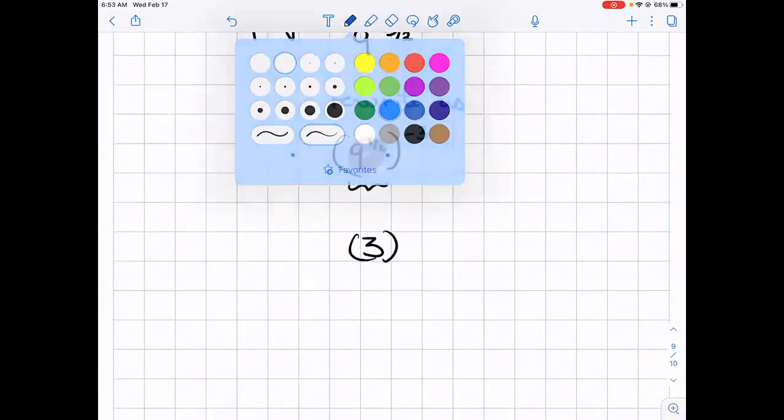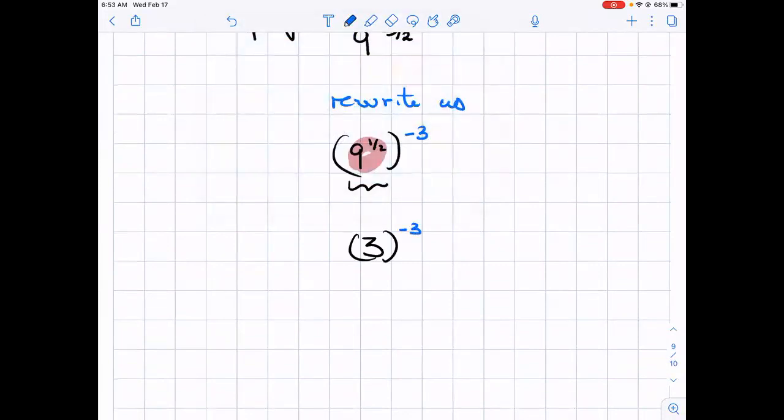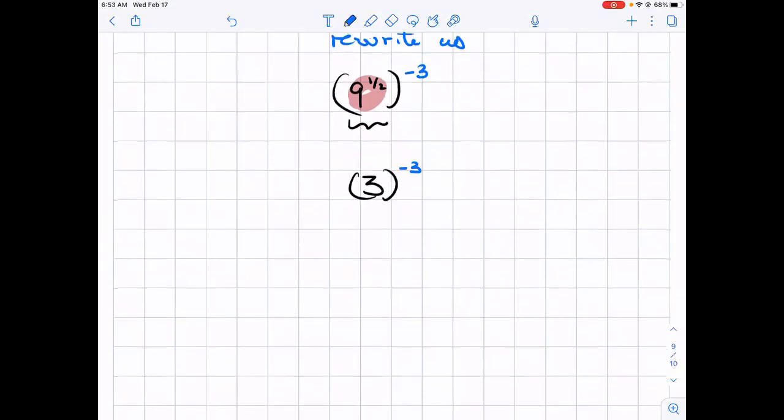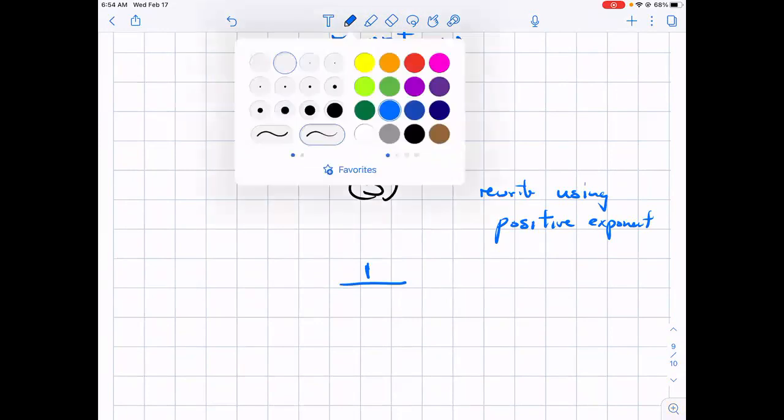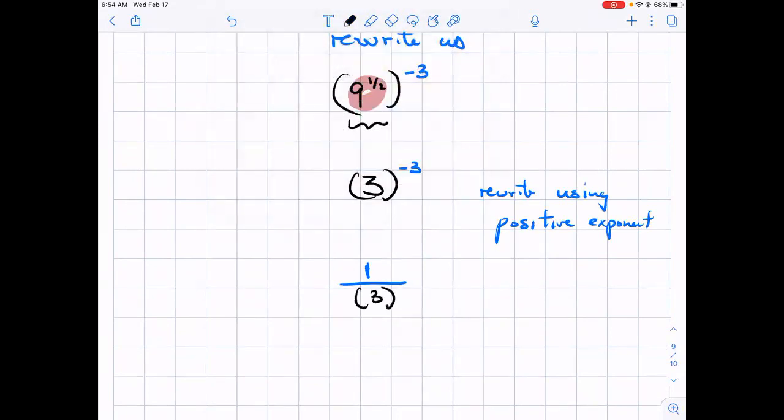Now be very careful. I strongly suggest you watch the video on properties of exponents that I have online. This here does not mean -3 times -3 times -3. You have to rewrite using a positive exponent. So this becomes 1 over 3 to the 3rd power.